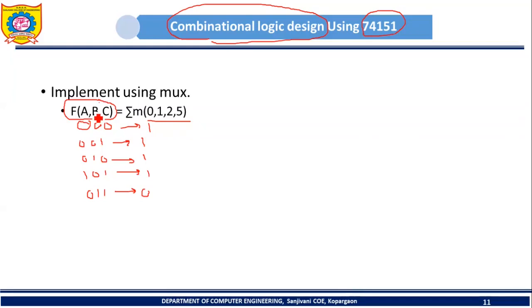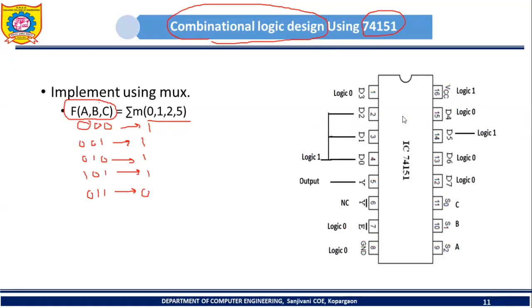The selector lines present in the multiplexer are going to act as the variables of that function, and each and every input data line present in that multiplexer will correspond to one minterm. See, here I have designed this particular function by using IC 74151.